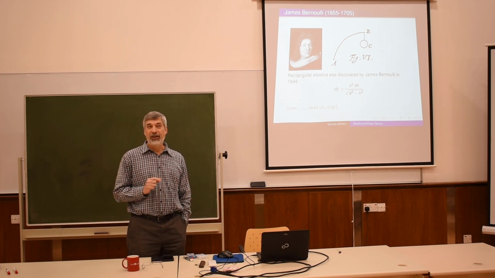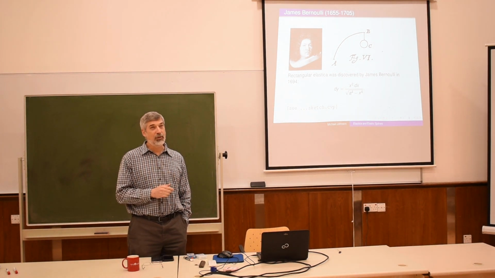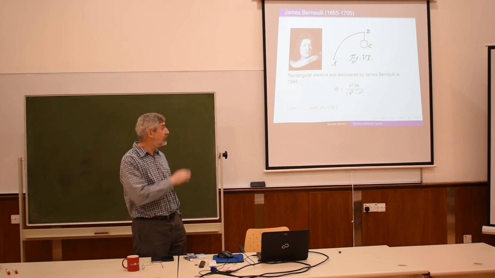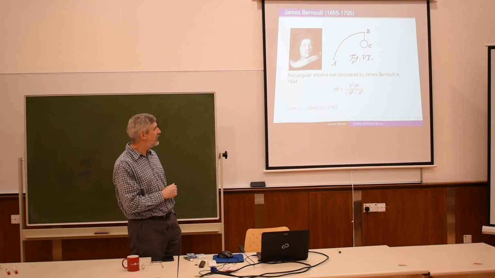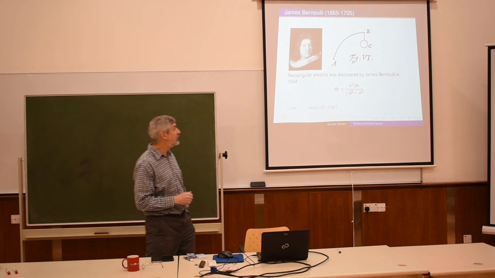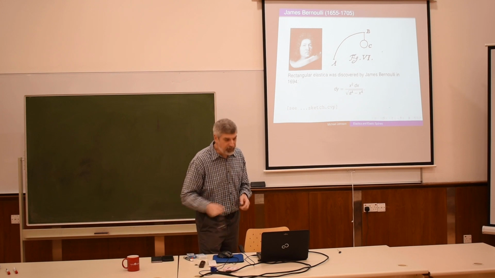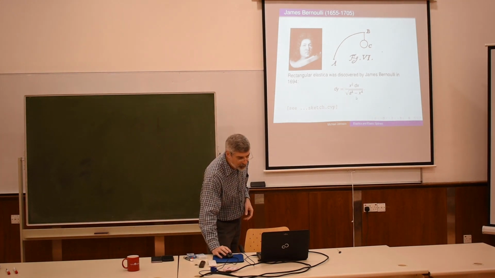They didn't have the limit. Cauchy defined the limit. Cauchy died in 1850 or something, so the limit must have been defined in the early 1800s. So this is long before the concept of the limit, and this is how they wrote things, using infinitesimals. Now I'll show you his solution of how he comes to this equation.